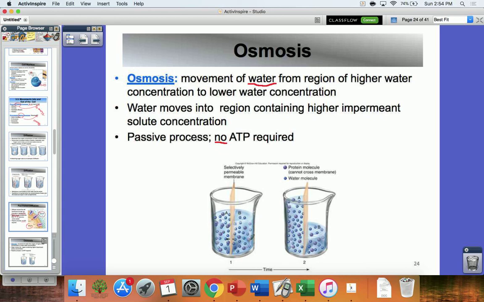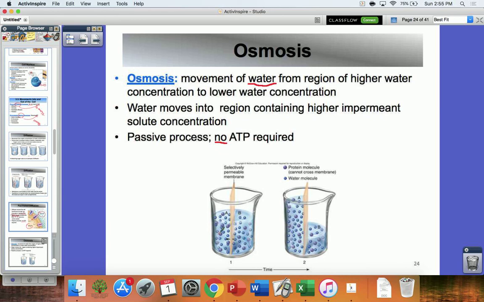Low concentration of solutes are on this side. And so water is going to move so that it can be at equilibrium, it can be at a balance. It's going to go to a region of high solute concentration. So it's going to go from high concentration to low concentration.